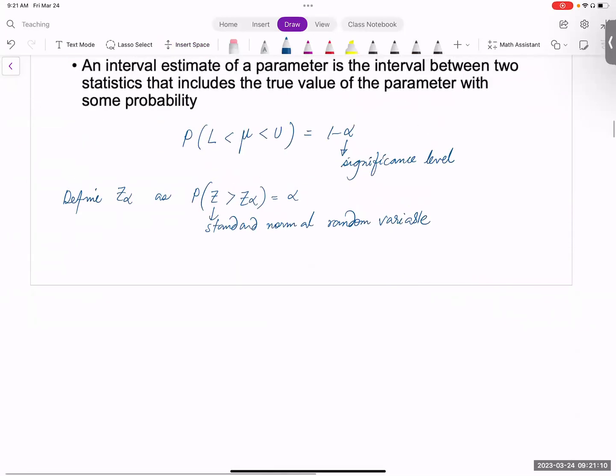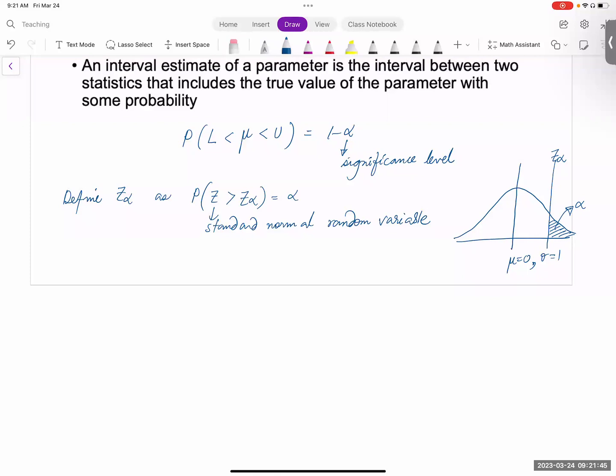And what we're saying is, let's try this schematically here. If this is a probability distribution of a standard normal, so this is mean equals 0, sigma equals 1, let's find a z alpha such that, let's say this is your z alpha. We are saying that the probability that Z is greater than z alpha is alpha, okay?